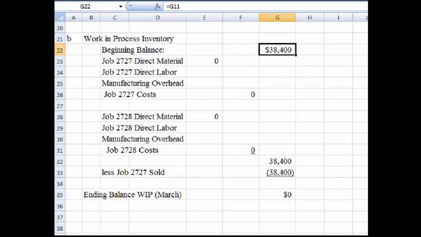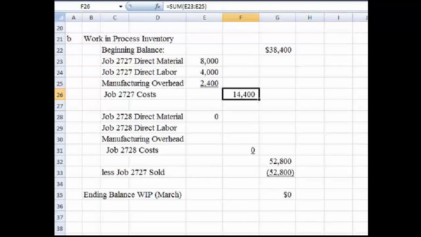So back to the screen, the job 2727 costs will be entered from the book as $8,000 for direct material, $4,000 for direct labor, and $2,400 for manufacturing overhead. The formula below those numbers results in $14,400 being added to job 2727 during the month of March.